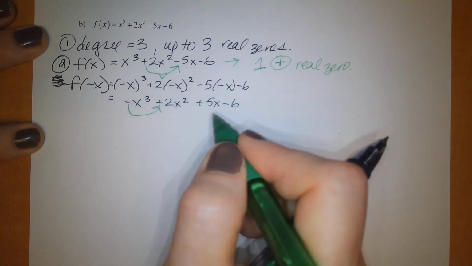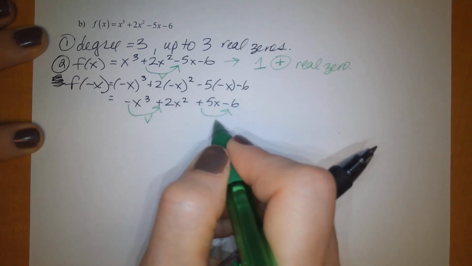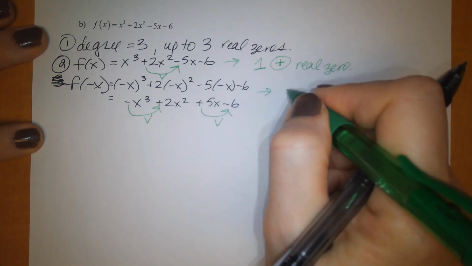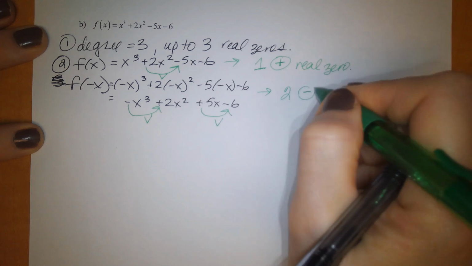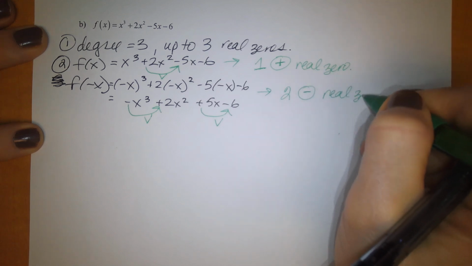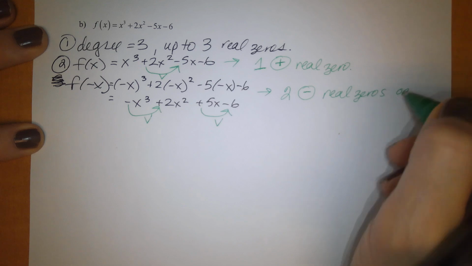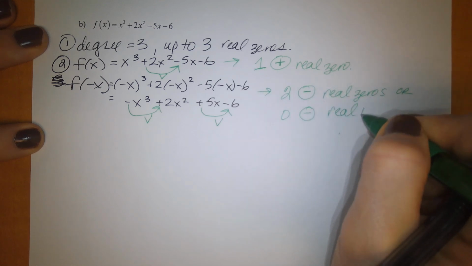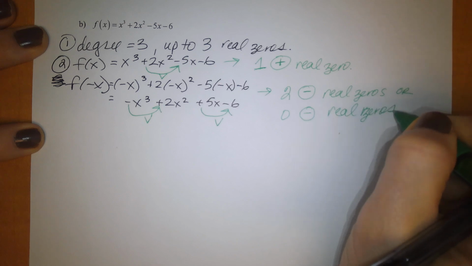I have one sign change here and another sign change here. So I have 2 variations. So that means I'm going to have 2 negative real zeros, or 2 less than that, which is 0 negative real zeros.